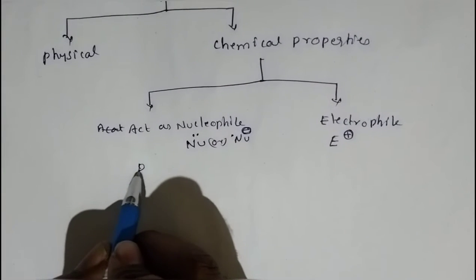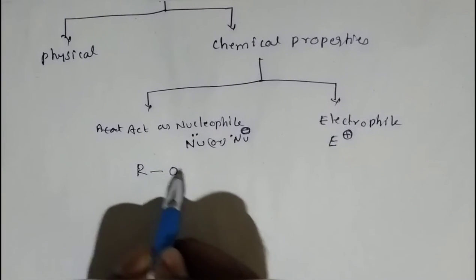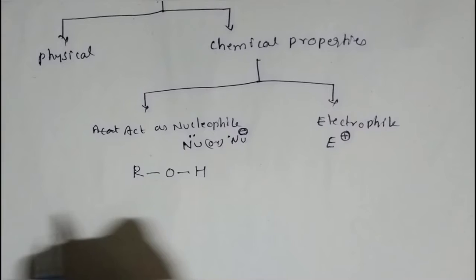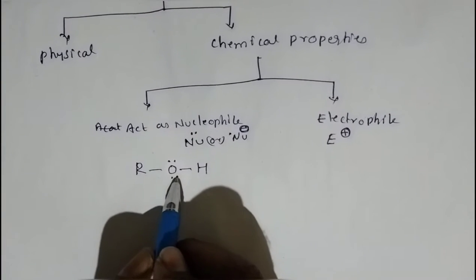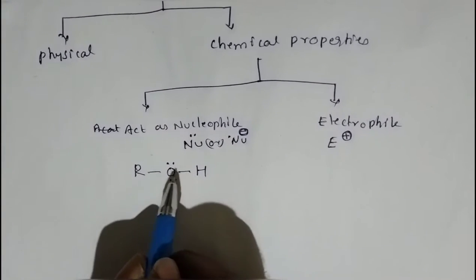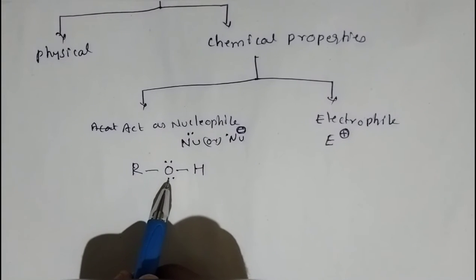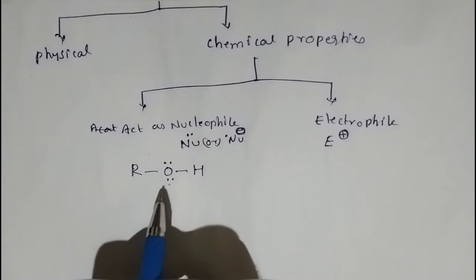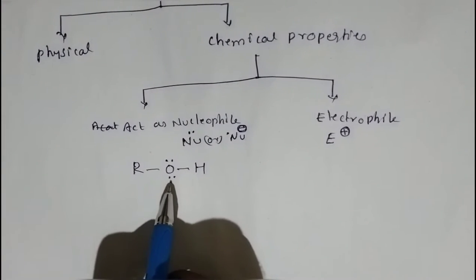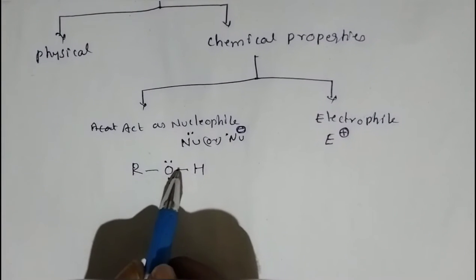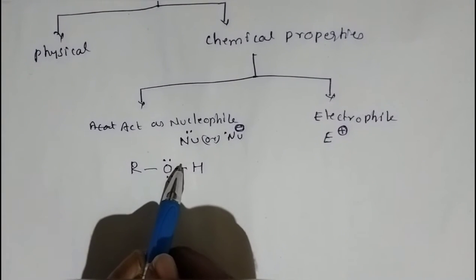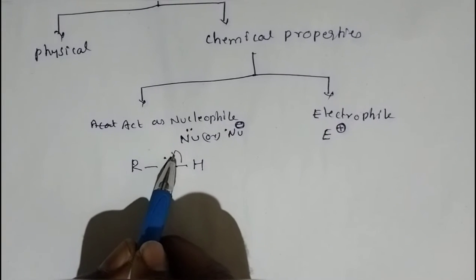So this is a general formula for alcohol, ROH. Basically, this oxygen carries two lone pairs of electrons, and oxygen has more electronegativity than the hydrogen atom. Then this oxygen atom pulls the electrons from the bonded electrons.